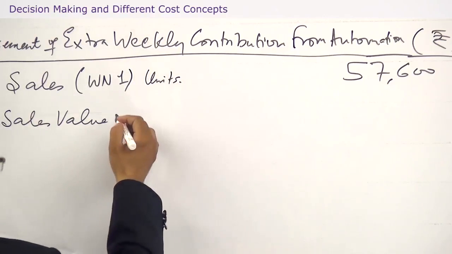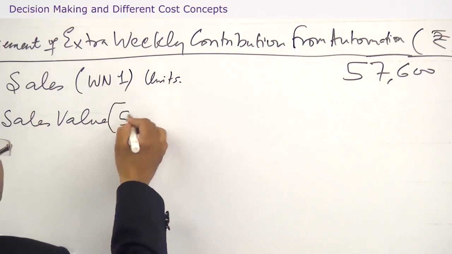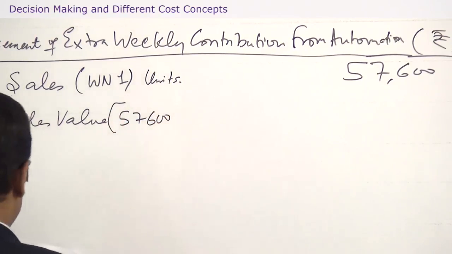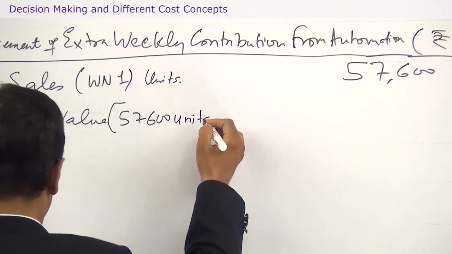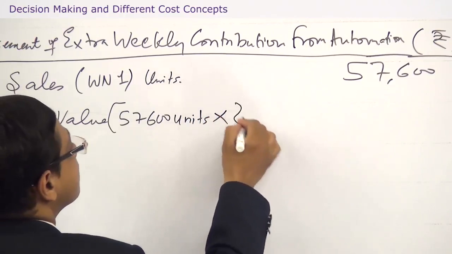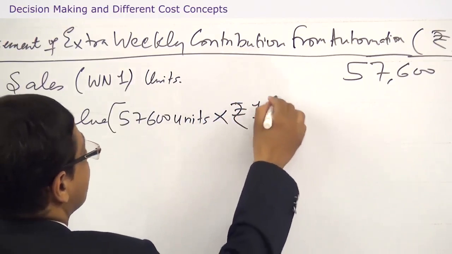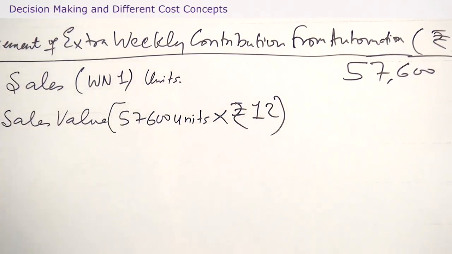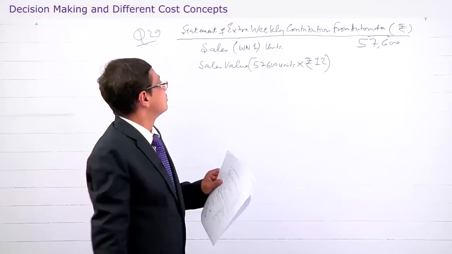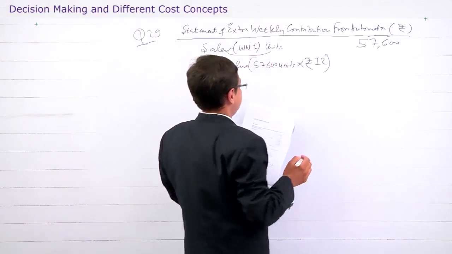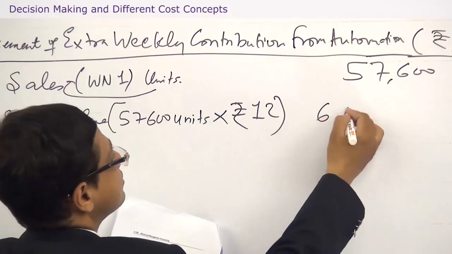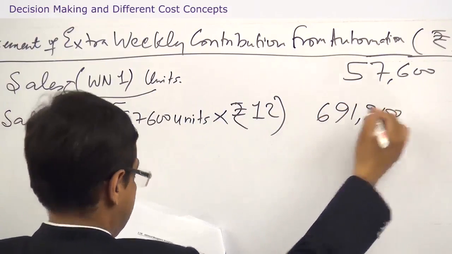The sales value is 57,600 units multiplied with rupees 12. Why? Because there was 4% decline in the selling price. You can write it here also, not an issue. So this becomes 6,91,200.